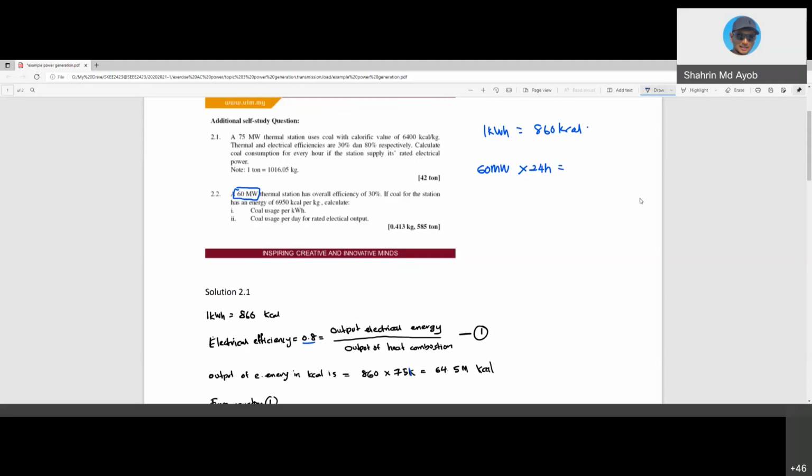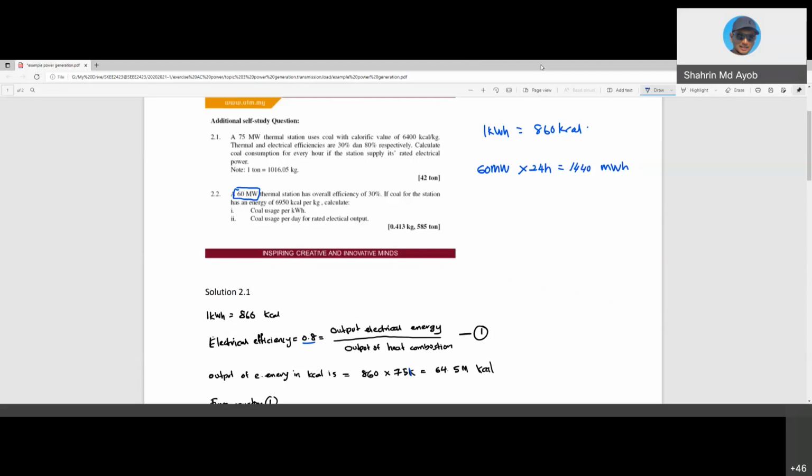This one is actually 1 hour, so you need to multiply with 24 hours. So how many megawatt hours? 144 megawatt hour. So this is energy, 144 megawatt hour.